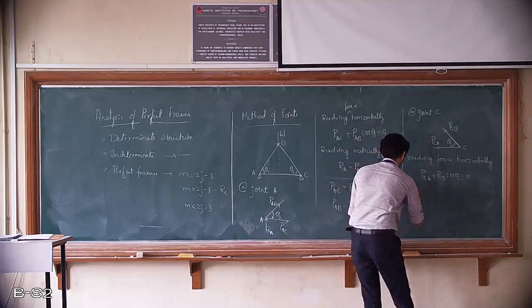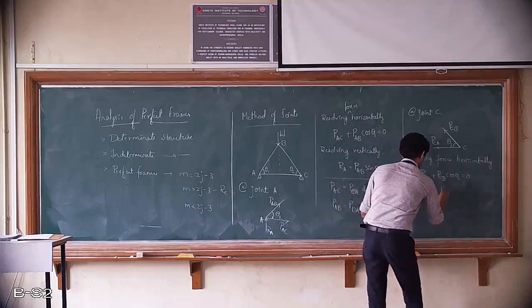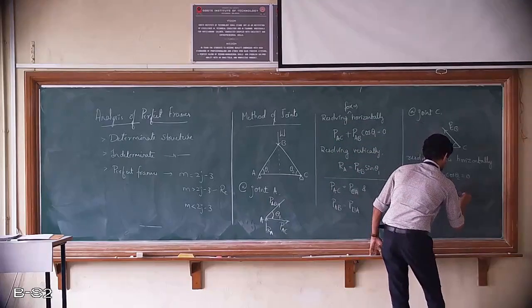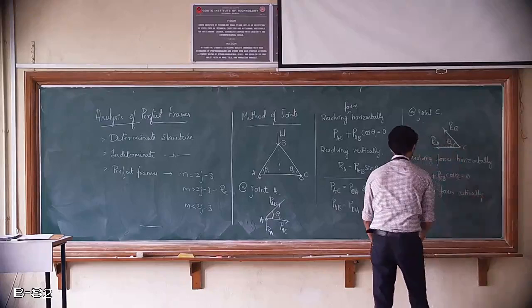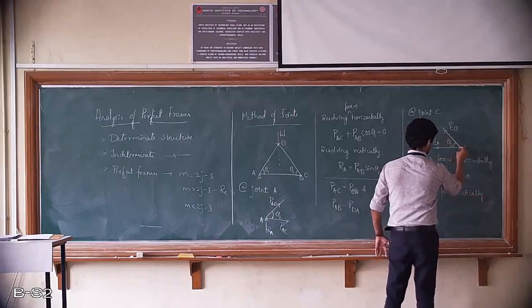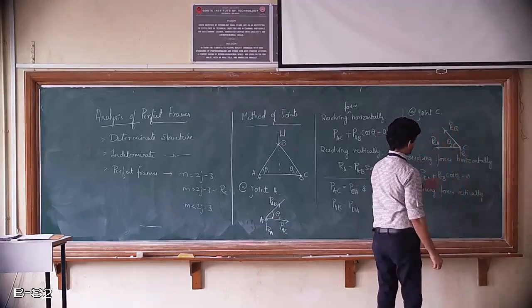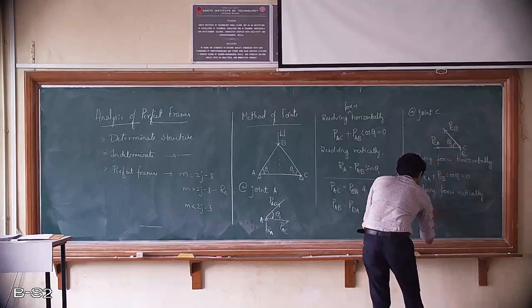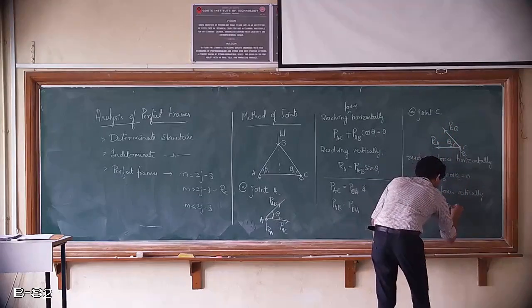And then resolving forces vertically. In that case, there is going to be RC, the reaction force acting towards the joint, and this is away from the joint. So RC is going to be equal to PCB sin theta2.